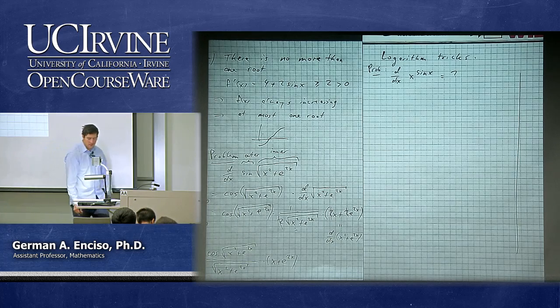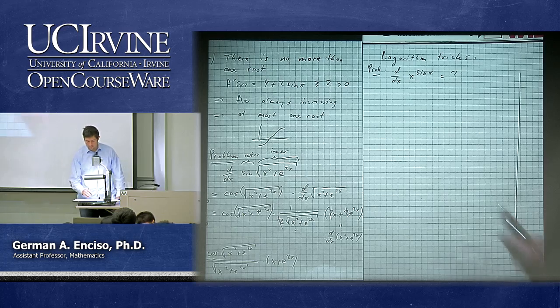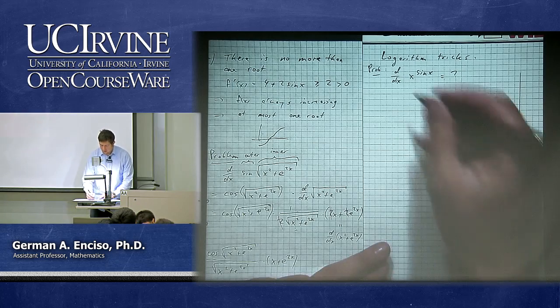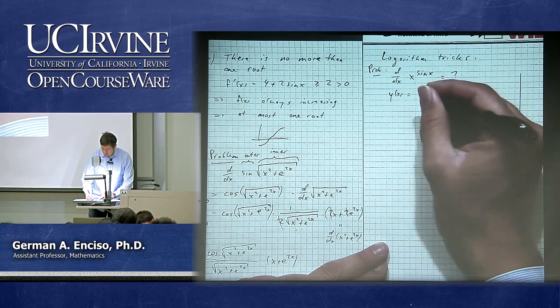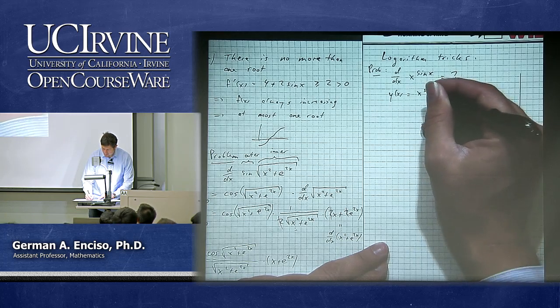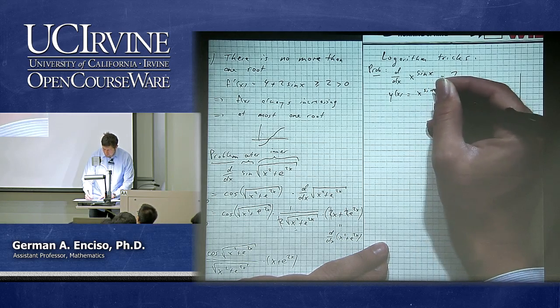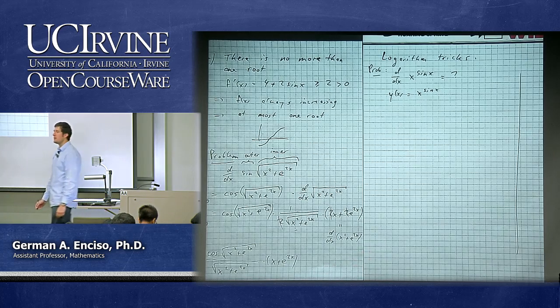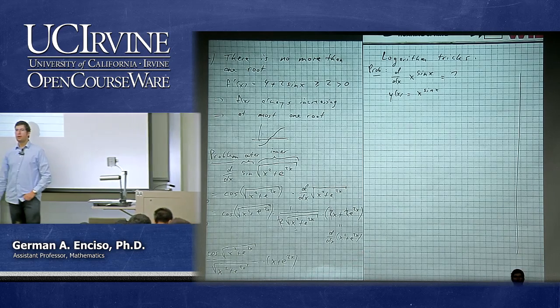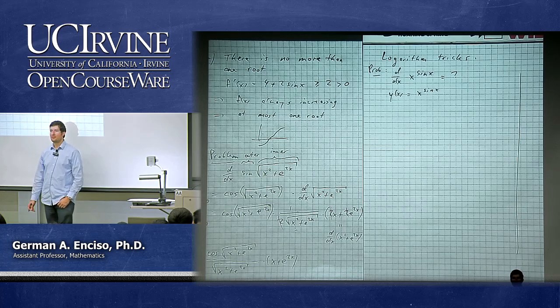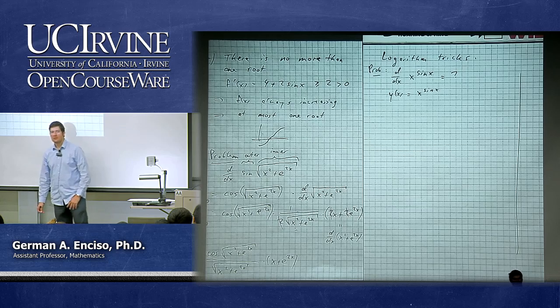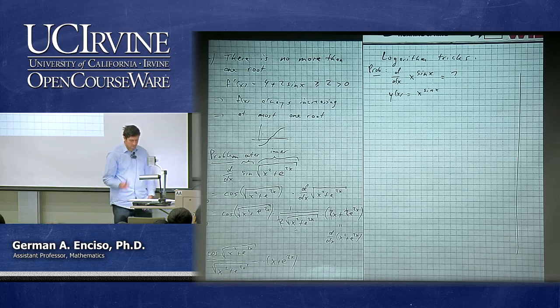Okay, so then what I would suggest is you consider the function y of x equals x to the sine x. You give it a name, y of x, and then you take the logarithm on both sides. What's the name of this technique? Logarithmic differentiation, that's right.